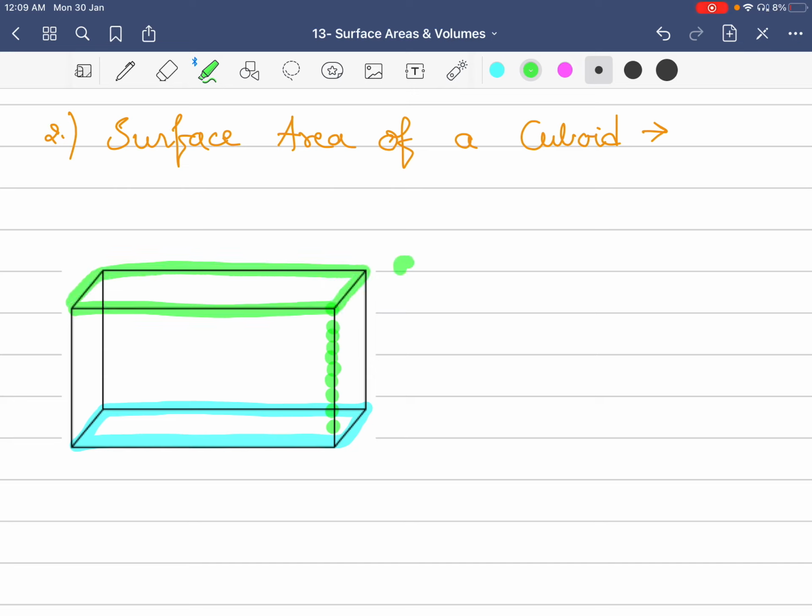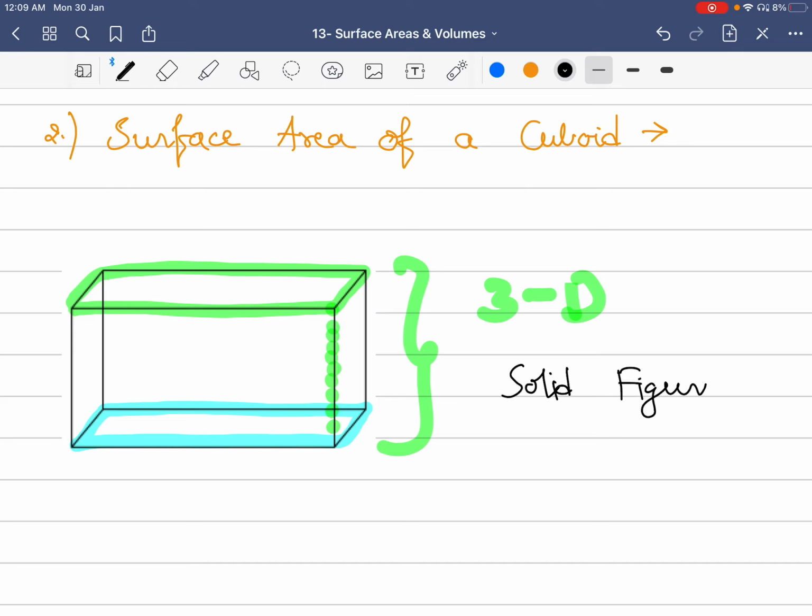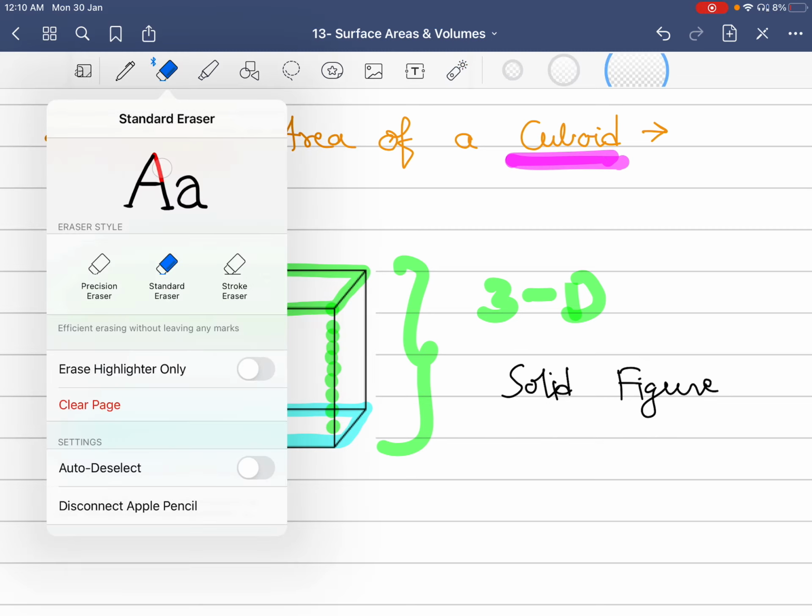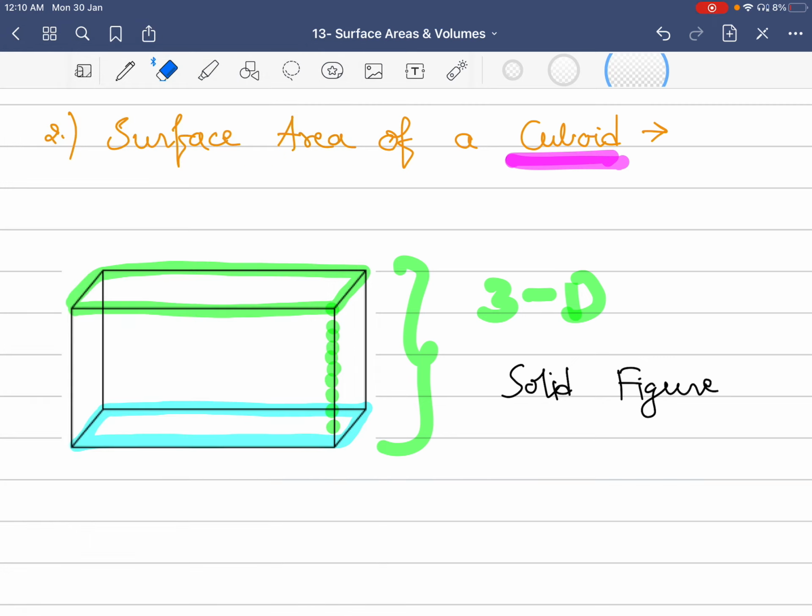And thus you get again a three-dimensional figure, which is called a solid figure. So this is our solid figure that we get. And why is this called a cuboid? Let me highlight this word. Why is it called a cuboid? Because of the rectangular shape. This base has a rectangular shape. Now, let's remove this highlighted thing.